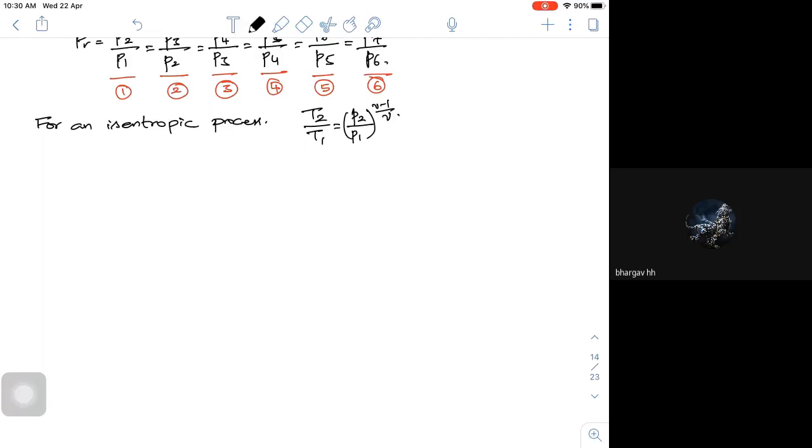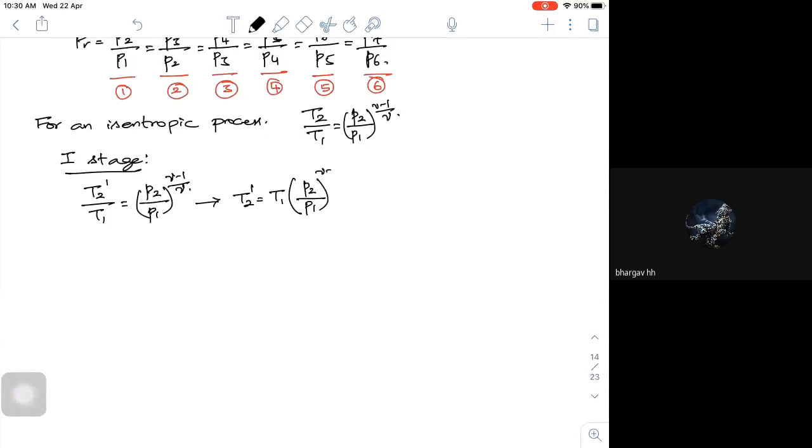If I consider the first stage, T2 dash by T1 is equal to P2 by P1 whole to the power of gamma minus 1 by gamma, or I can write T2 dash is equal to T1 into P2 by P1 whole to the power of gamma minus 1 by gamma.